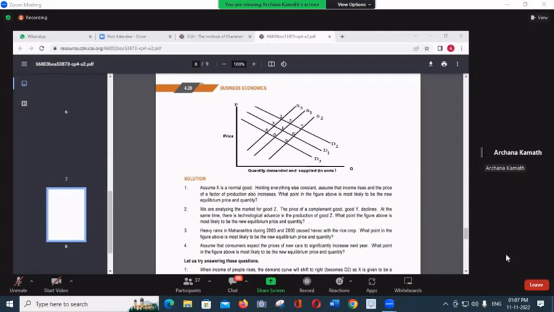When you increase your consumption, the demand curve shifts towards the right. But supply is not mentioned here. They did not say anything about supply. So we keep supply constant as S1. The S1 supply curve and D2 demand curve intersect at 0.5.